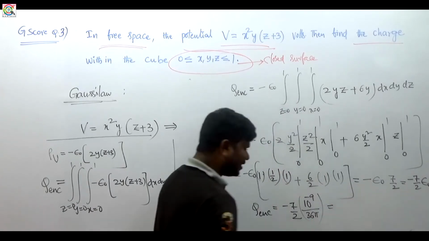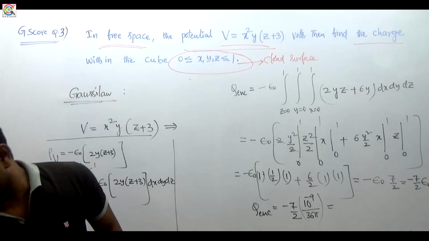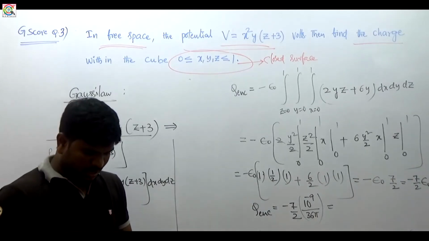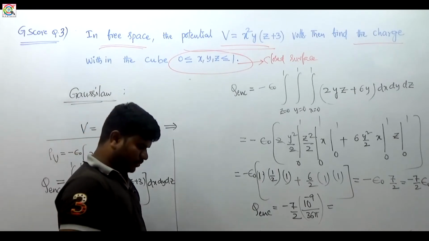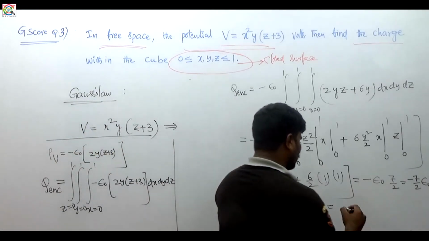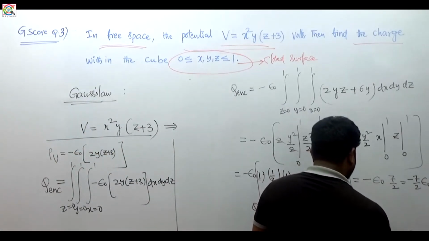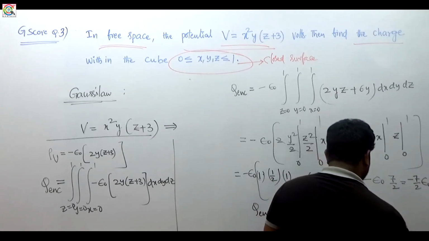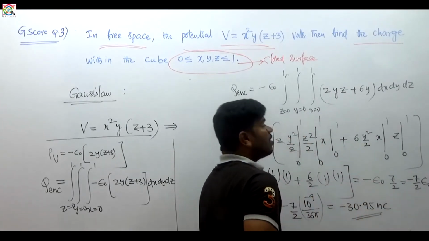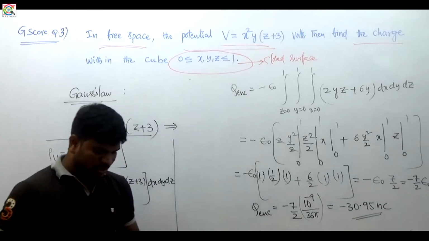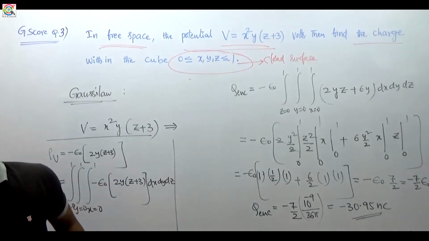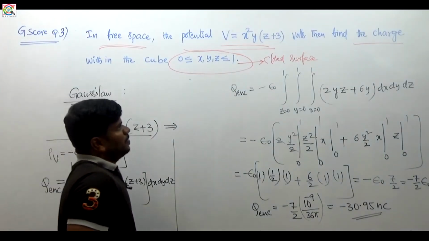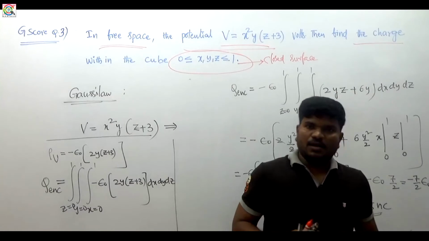Now if you simplify this, the final answer will be minus 30.95 nanocoulombs, right? So this is the final answer. So you can use any of these methods to simplify that, right?